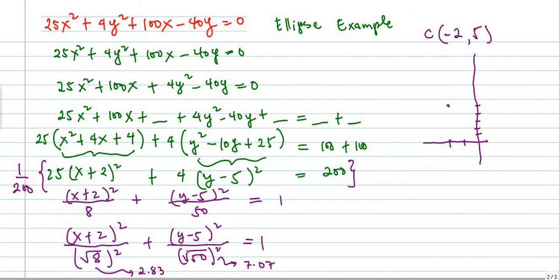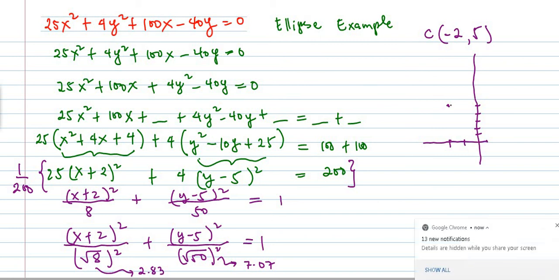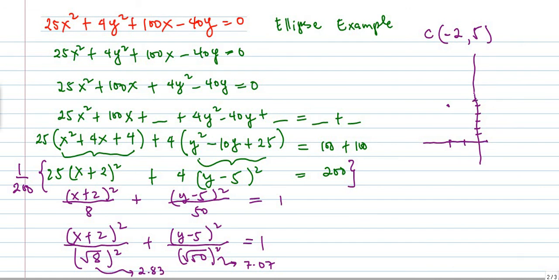So, B po ang mas mataas, no? 7.07. So, mag-count po tayo pataas ng 7.07. So, we have here 1, 2, 3, 4, 5, 6, 7.